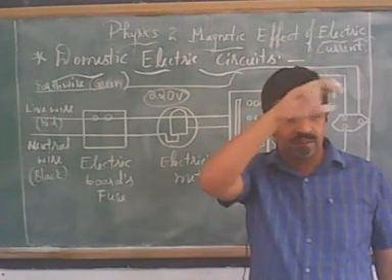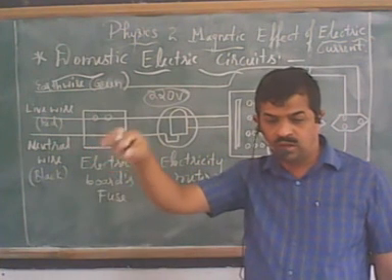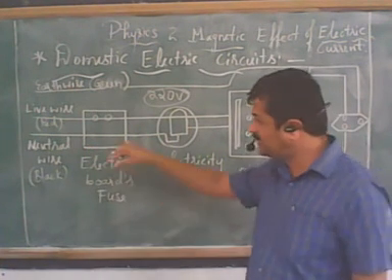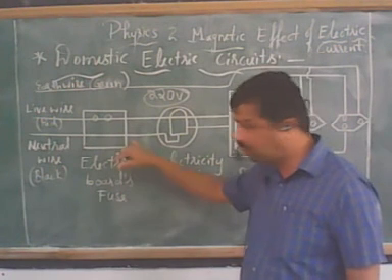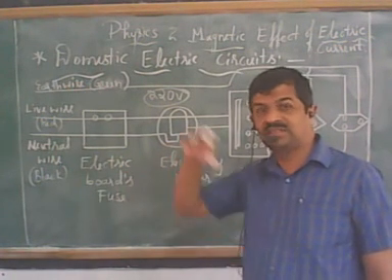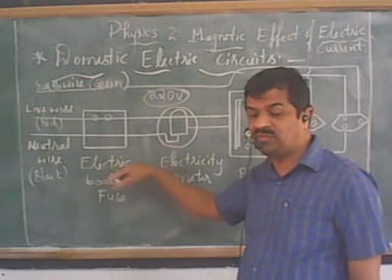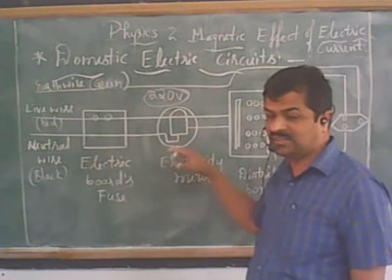Electricity enters our home or school or building. How? First it enters the electric board's fuse. Fuse is a safety device. If any excess of electricity comes, by melting, the fuse breaks the flow of electricity.